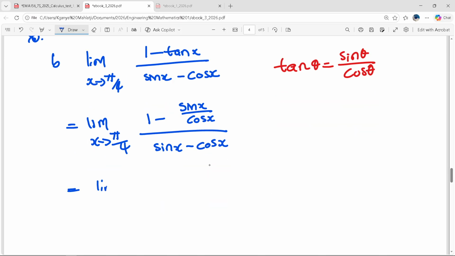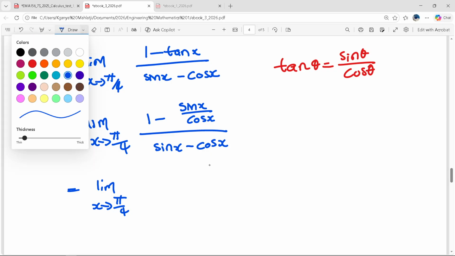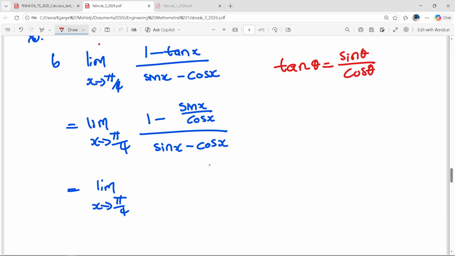The limit as x approaches π/4. Here we take this one and multiply. You know how we work with fractions, right? Let me do it aside just to show you. If you have 1 − sin x over cos x, you take this one and multiply, so we have (cos x − sin x) over cos x.